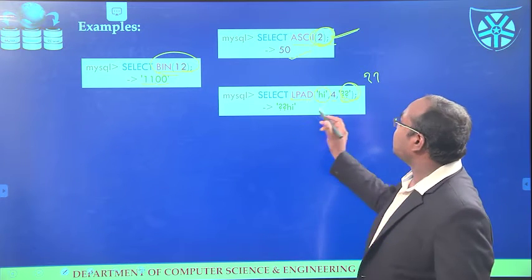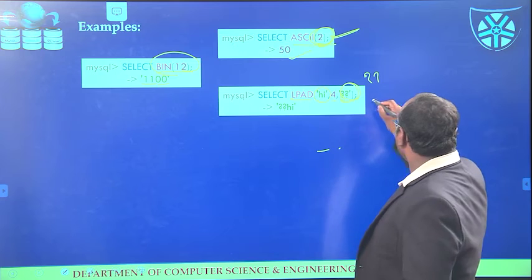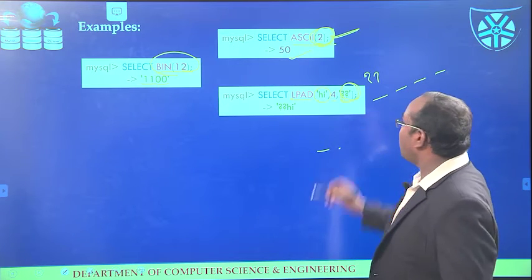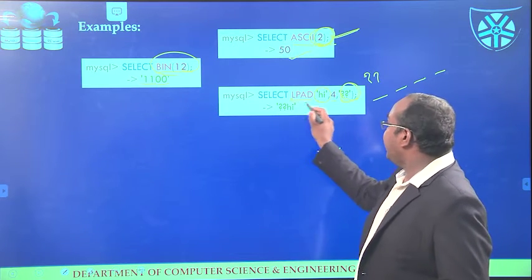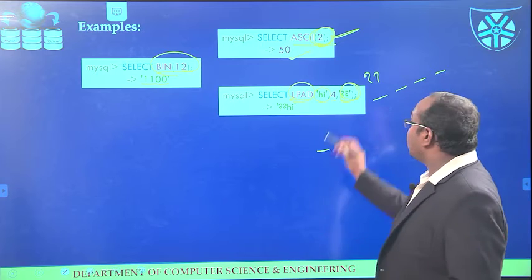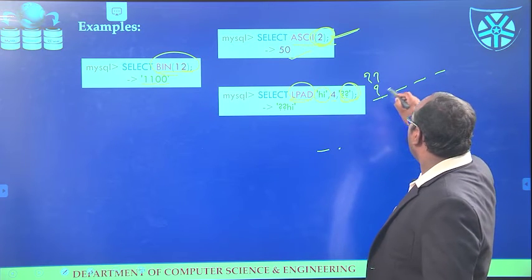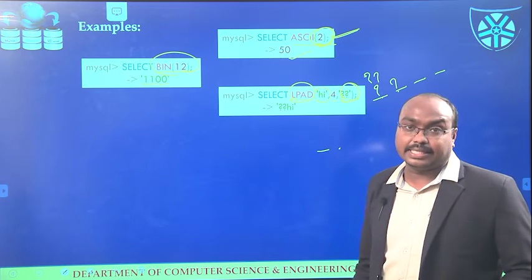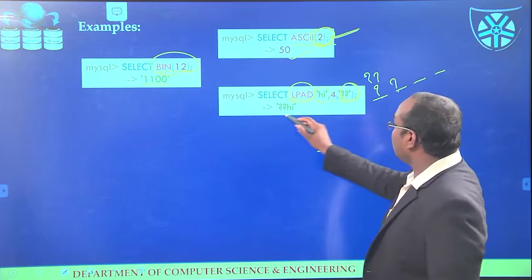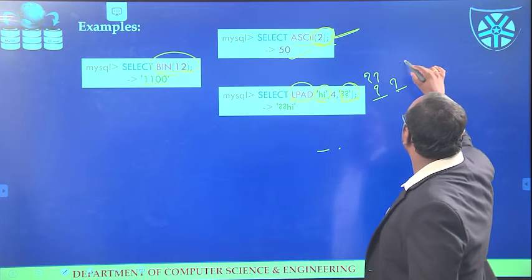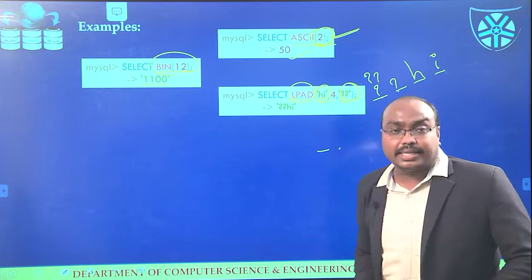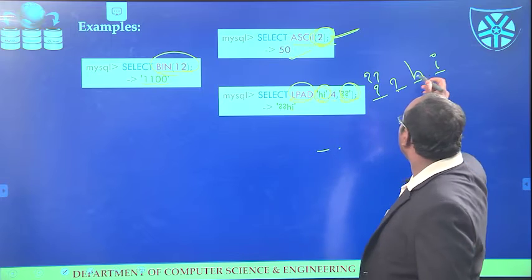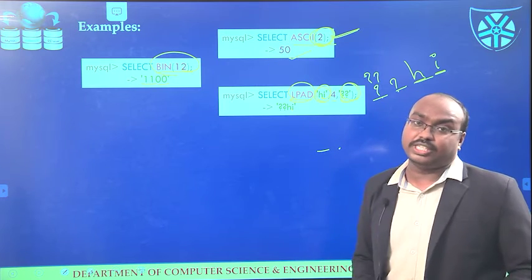So total 4 spaces. In these 4 spaces, first we are applying the LPAD function. The first 2 spaces will be occupied by the special characters, and the next two spaces will be occupied by the characters. Whatever characters we take in this function, those characters will occupy the next positions.